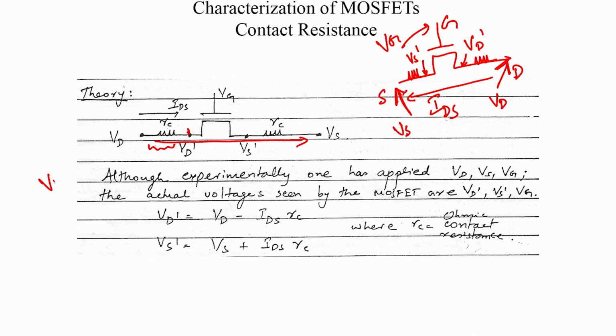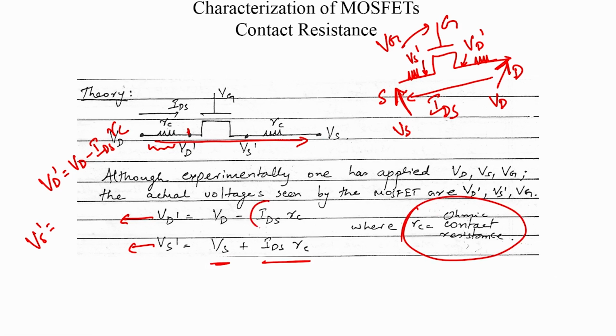Therefore, VD dash is going to be VD minus IDS RC, and VS dash is at a higher potential with respect to VS, and it is going to be VS plus IDS RC, where RC is an ohmic contact resistance. That is why we are using this relation to determine the voltage drop across the resistor. So, this is the situation.